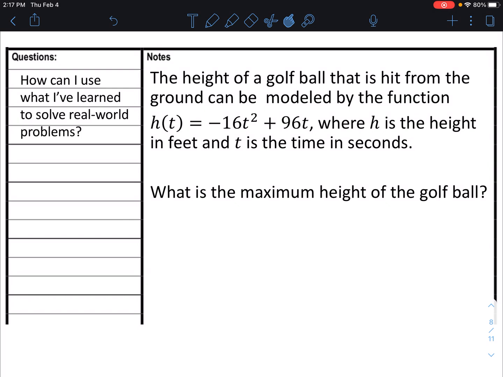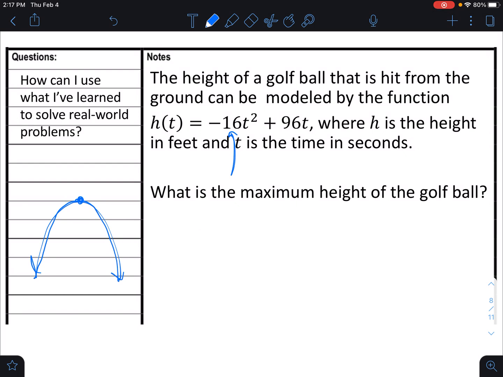Okay, so we know it's a maximum because, again, this is negative. So that means a golf ball is hit, comes down, and we're trying to find its max height, okay? So we're going to start by saying opposite of b over 2a. Now, normally that's x, right?